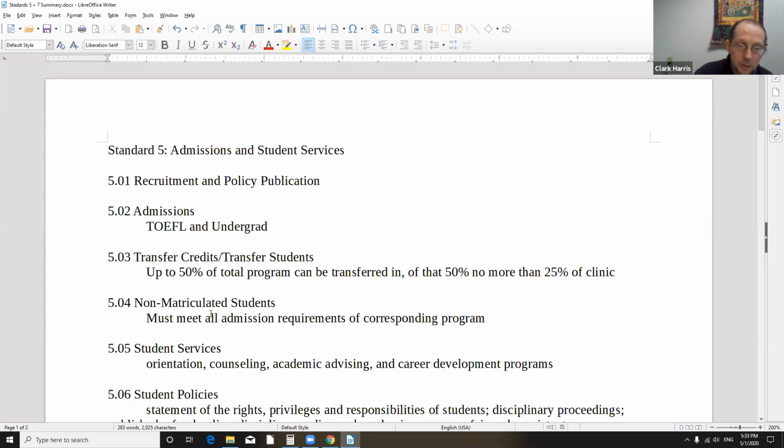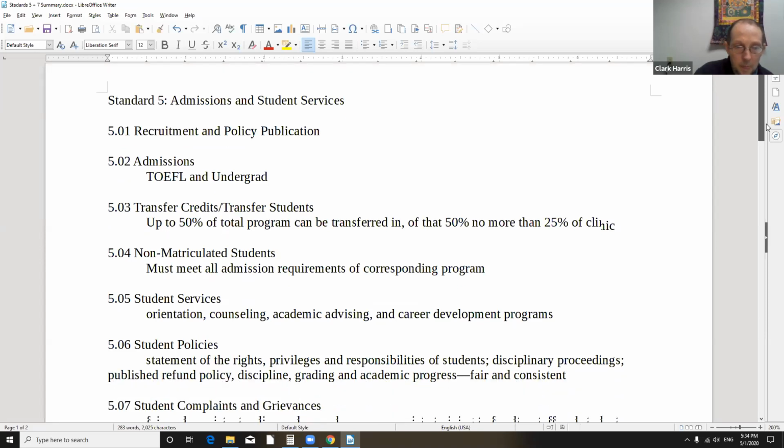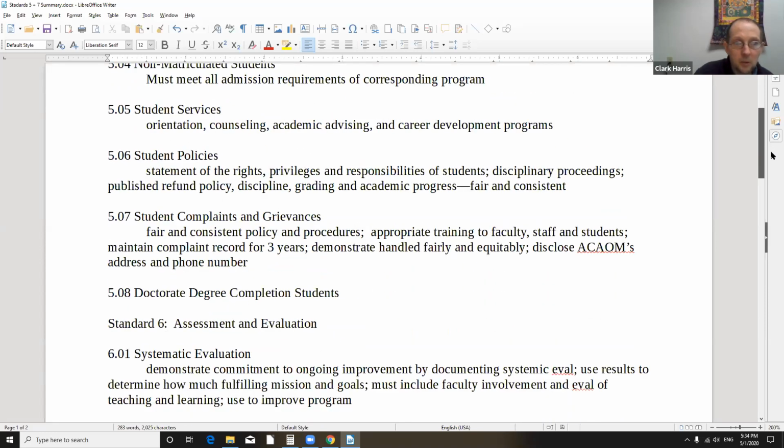504, non-matriculated students must meet all admissions requirements of the program that they're joining. 505, student services. We have to include orientation, counseling, academic advising, and career development programs. 506 is student policies. It includes the statement of rights, privileges, and responsibilities of students, as well as disciplinary proceedings.